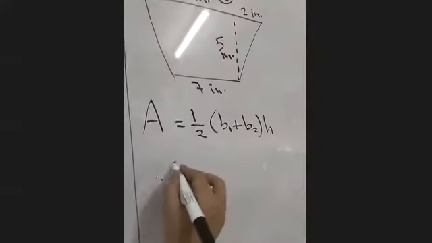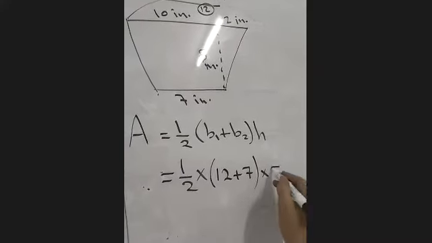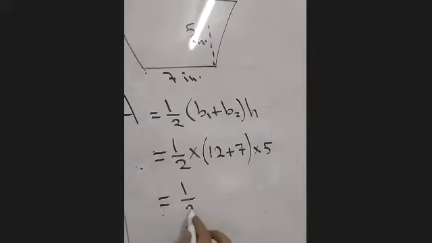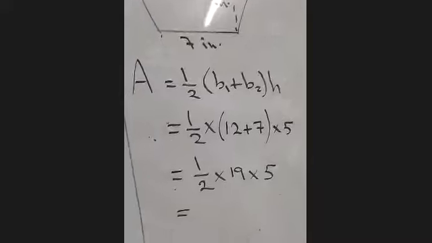A equals half times bracket B1 plus B2 bracket times the height. A equals half times bracket 12 plus 7 bracket times the height, 5. Half times 19 times 5.